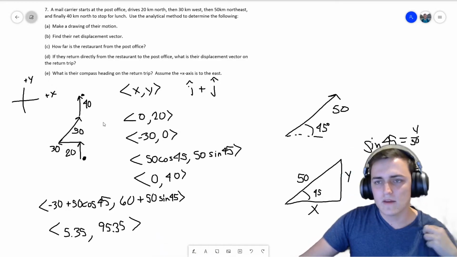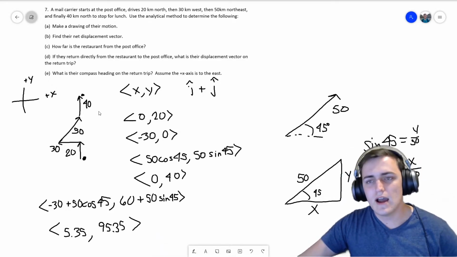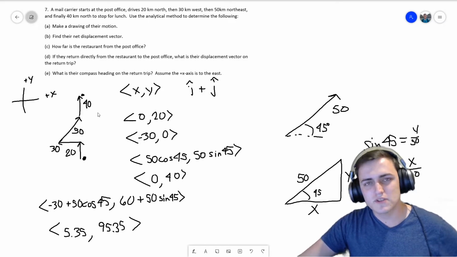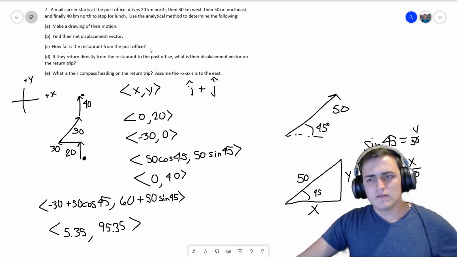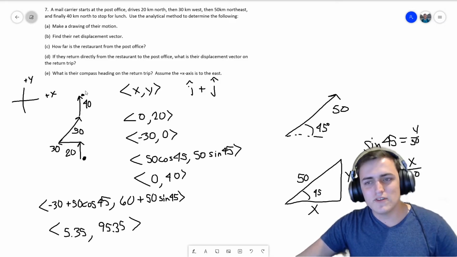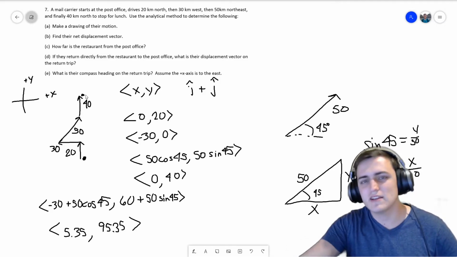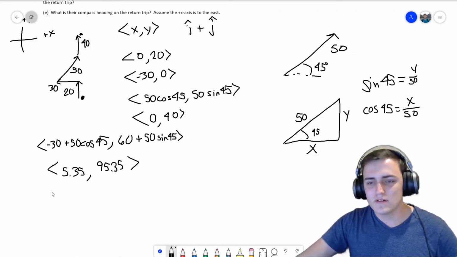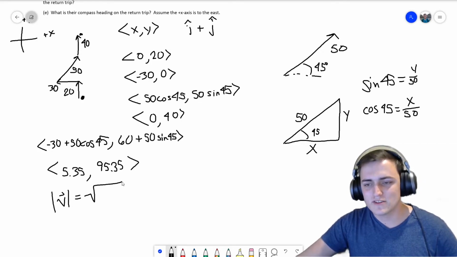Now, we're on part C. How far is the restaurant from the post office? Well, that means the magnitude of the distance, and we're talking just a straight line, right? So the magnitude of a vector v is the square root of vx squared plus vy squared.